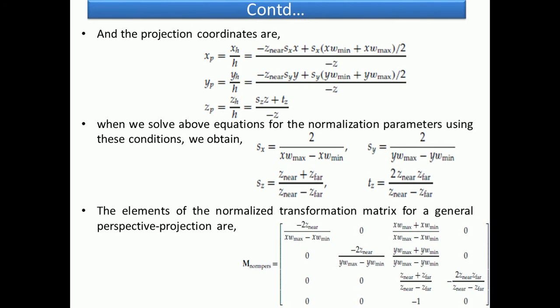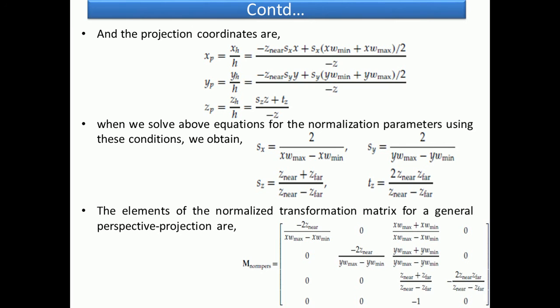With respect to these conditions, we obtain the equations: Sx equal to 2 divided by xw max minus xw min, Sy equal to 2 divided by yw max minus yw min, Sz equal to z near plus z far divided by z near minus z far, Tz equal to 2 z near z far divided by z near minus z far. These are the elements of the normalized transformation for a general perspective projection.